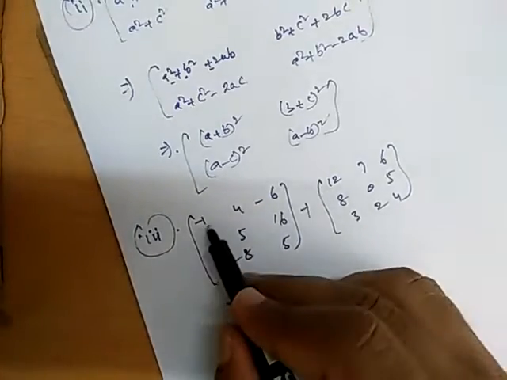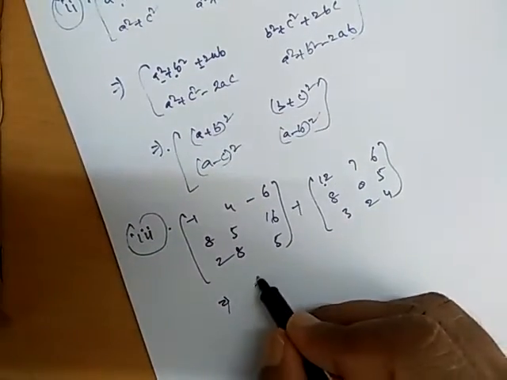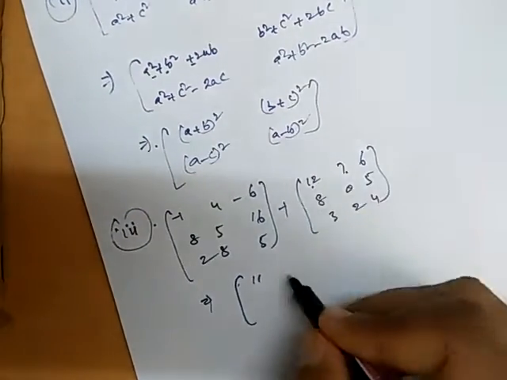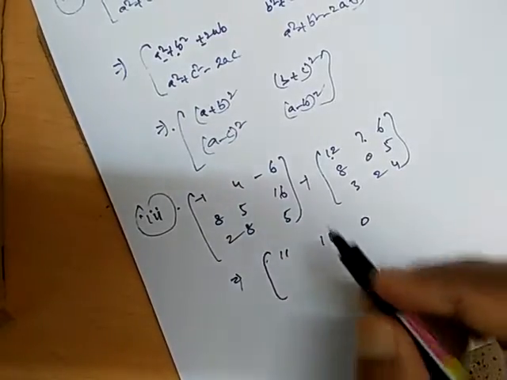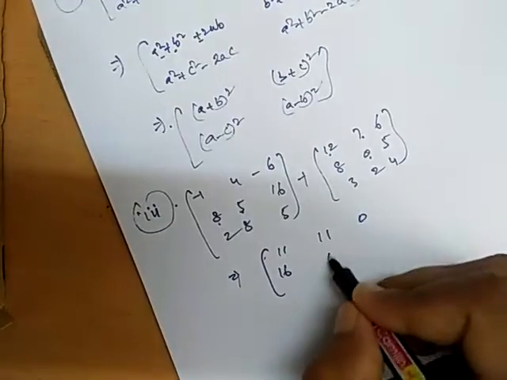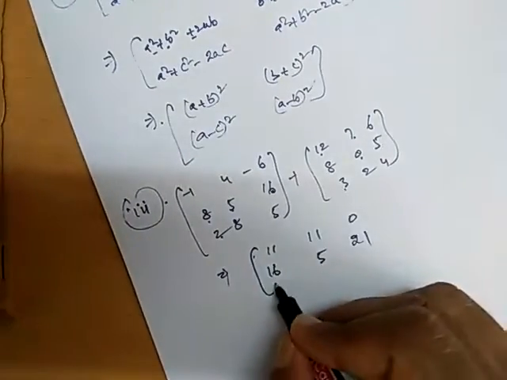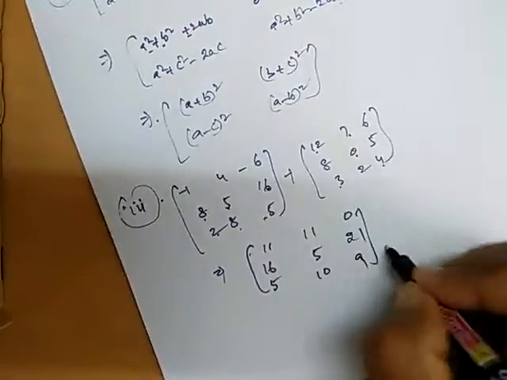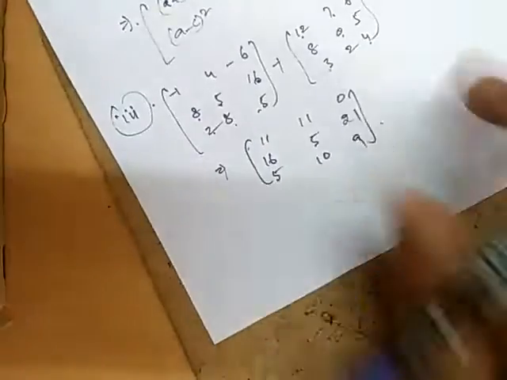You can add directly, corresponding elements. Minus 1 plus 12, that is 11. 4 plus 7, 11. 6 minus 6, 0. 8 plus 8, 16. 5 plus 0, 5. 16 plus 5, 21. 2 plus 3, 5. 8 plus 2, 10. 5 plus 4, 9. This is the answer. Very simple question.